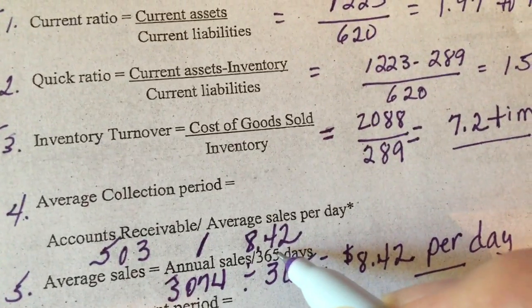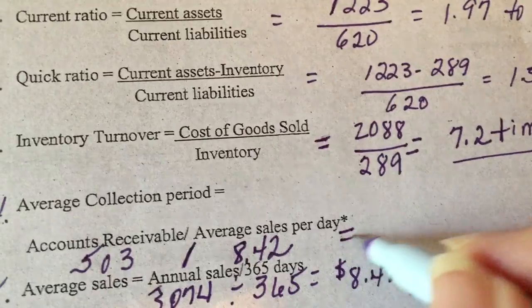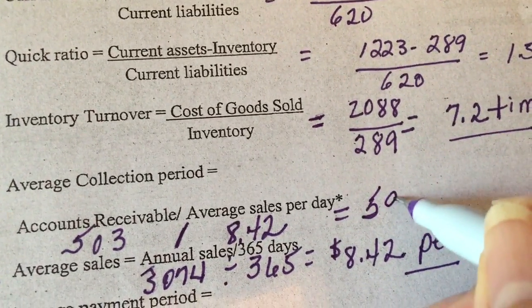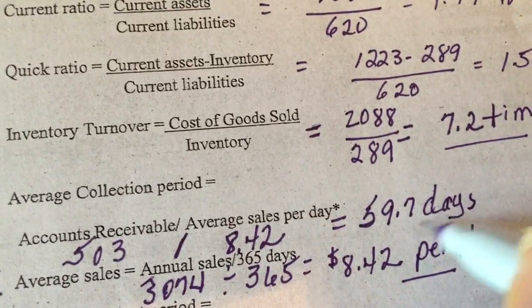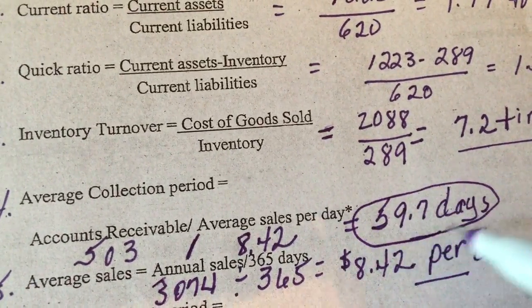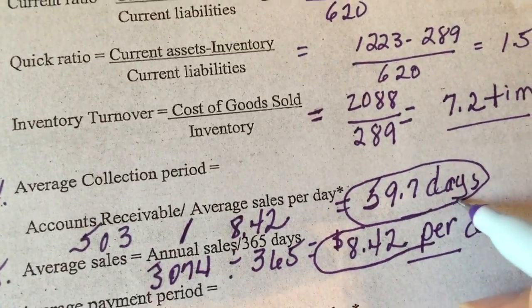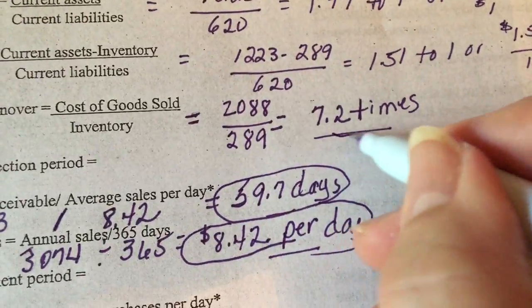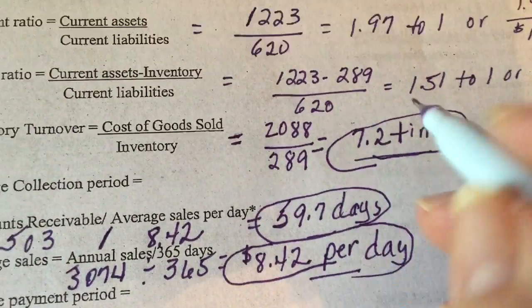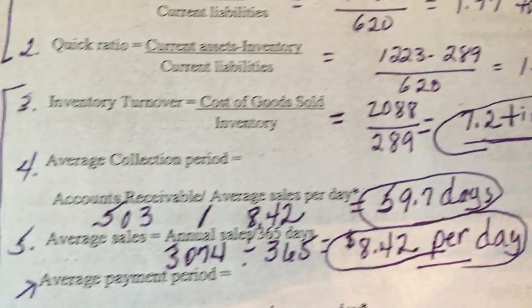Divide that by $8.42, and what you come up with is 59.7, and this one is days. If you would, circle these answers for these individual ratios, and they have different names. Notice how the last one was times. This one we call 59.7 days.